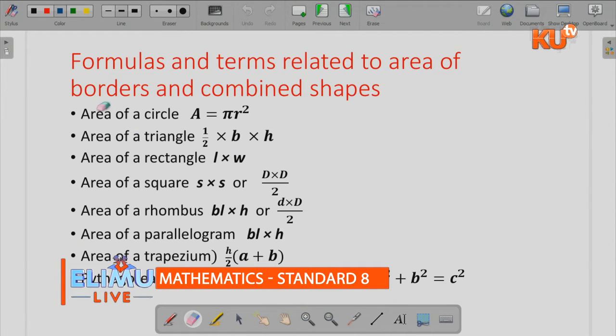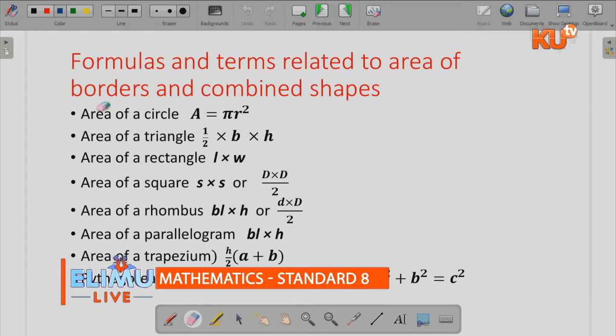Then we have area of a trapezium, which will use height over 2 into bracket a plus b. Some people use half into bracket a plus b, close the bracket, times h. It is the same as h over 2 (a plus b).